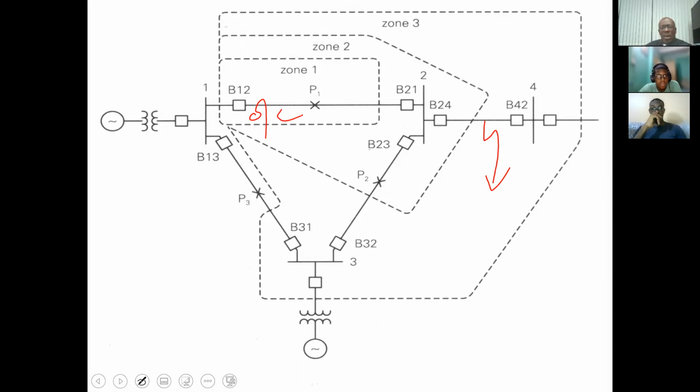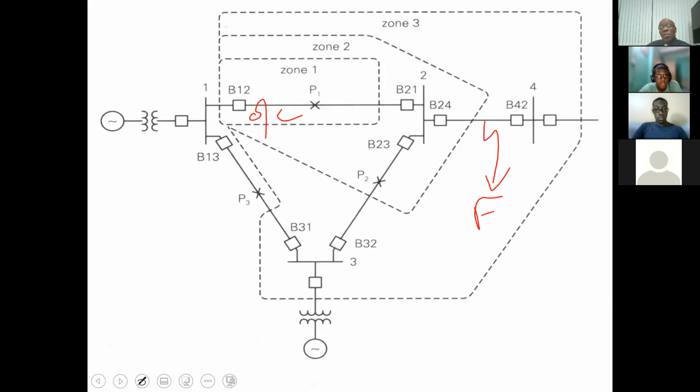Question, for fault F, where would the fault current going to that fault come from? Let's take a stab at it. Come on, where would the fault current come from? The generator.